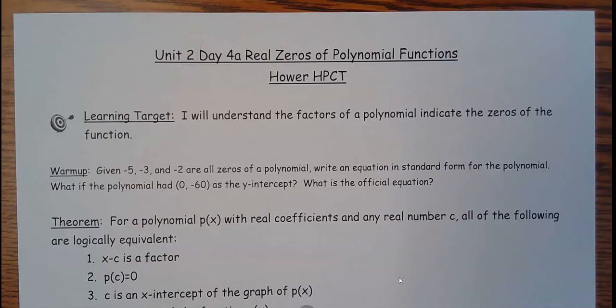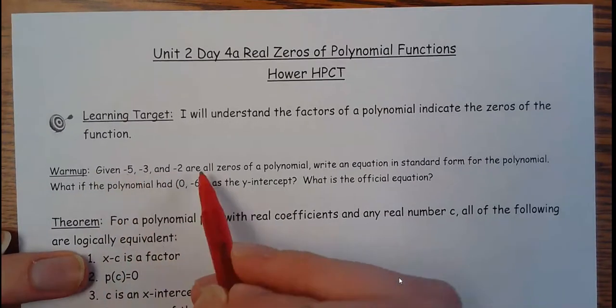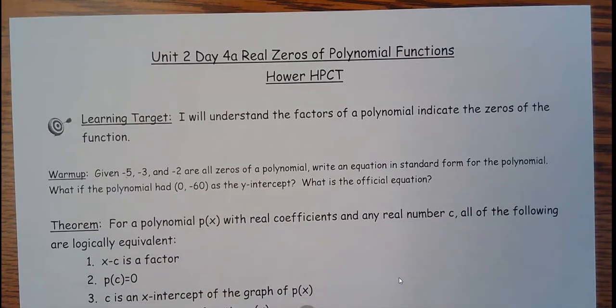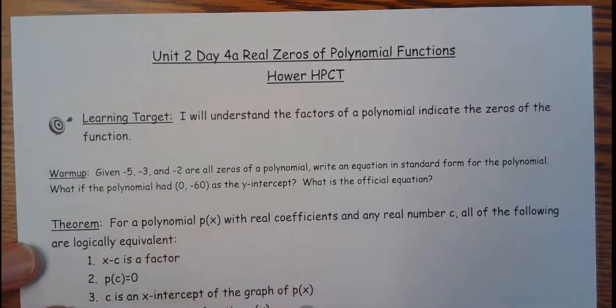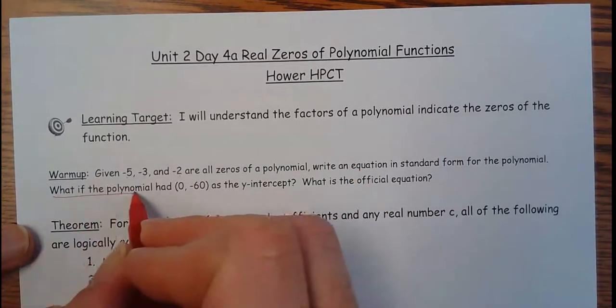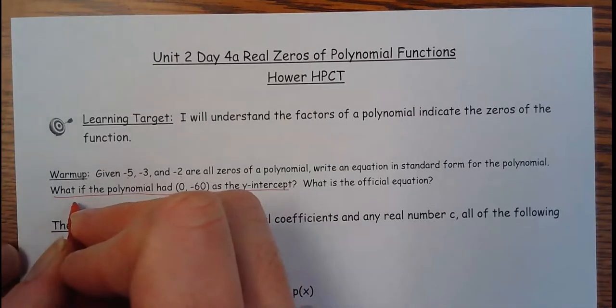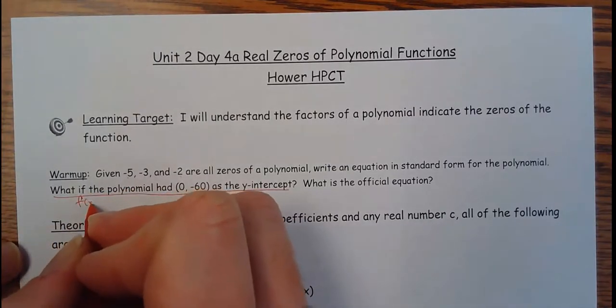It didn't give you much space, and I apologize, but given that -5, -3, and -2 are all zeros of a polynomial function, write an equation in standard form for the polynomial. So the polynomial, we could just call it f of x.